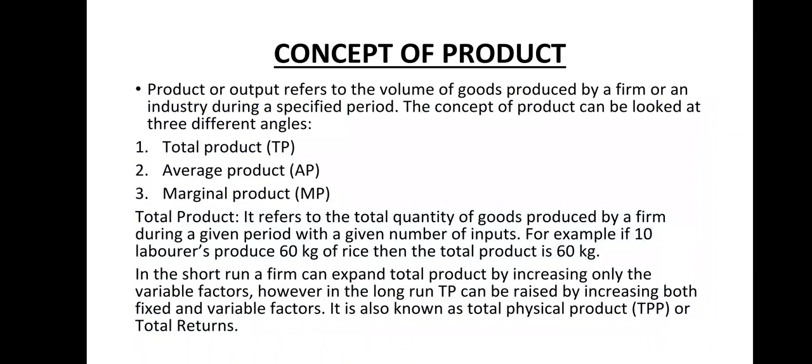Suppose we vary a single factor input, say labor, and keep the other factor input, say capital, constant, then for the different levels of a variable input, we get the different levels of output. This relationship between the variable input and output is termed as total product. This is also known as the total physical product or the total returns.